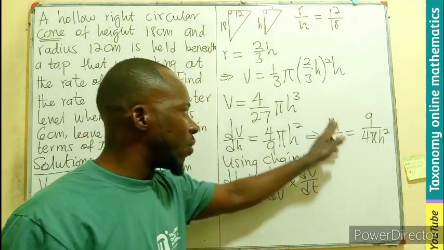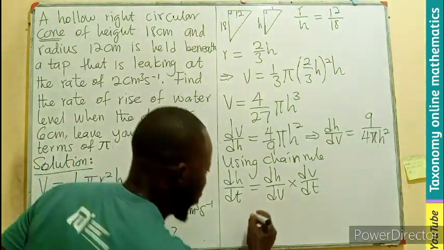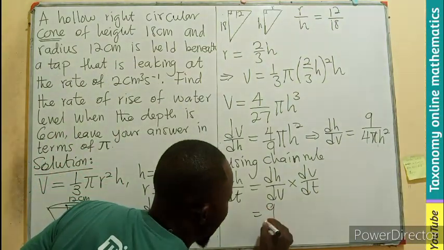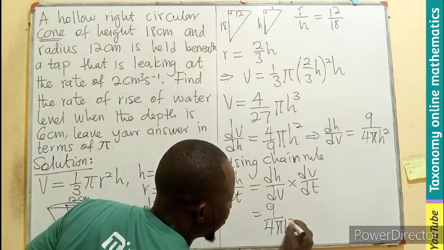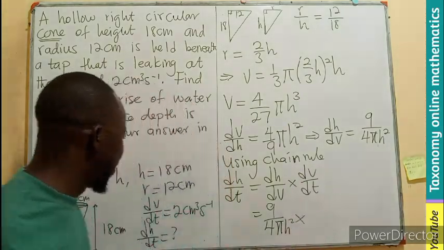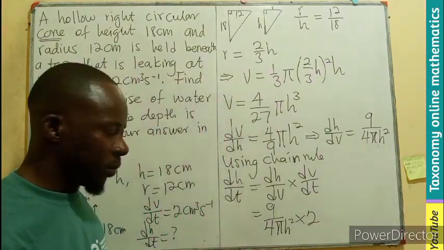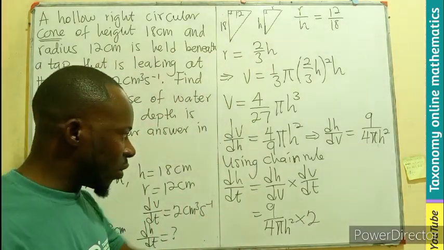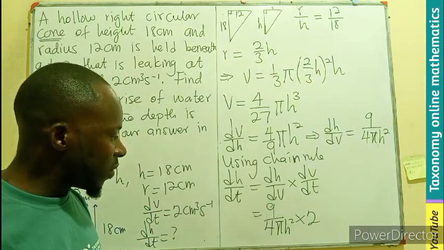That is what we are having for dH over dV as a reciprocal of that. So that can be written as 9 divided by 4 pi H squared times dV/dt. We have it here as what? 2. Do you get it? So the whole of this is 2. The whole of this is what we have for this.